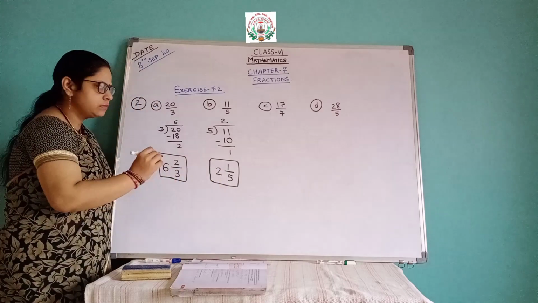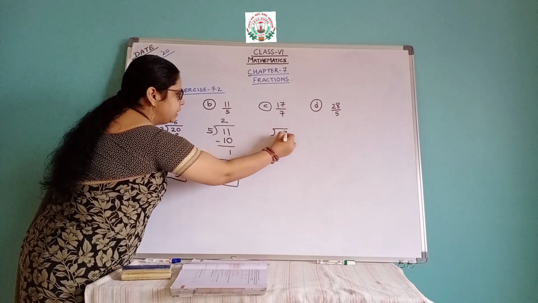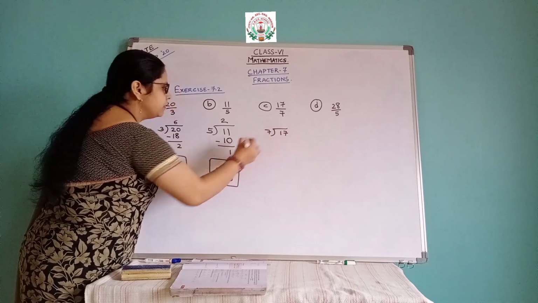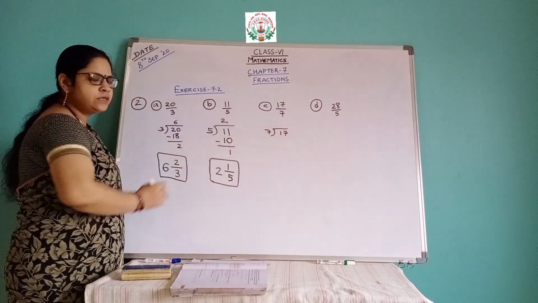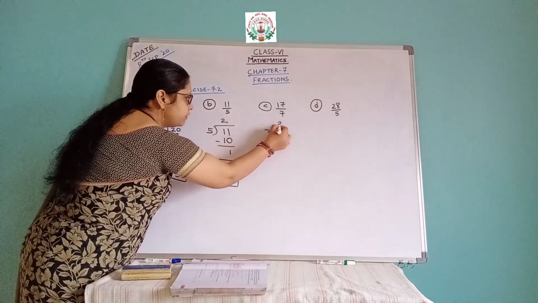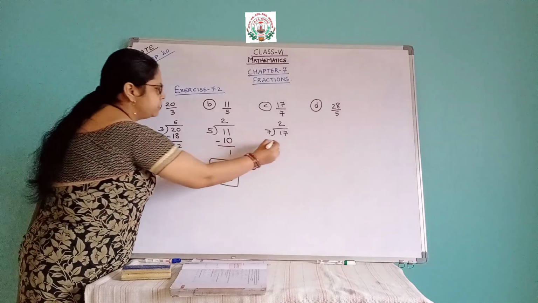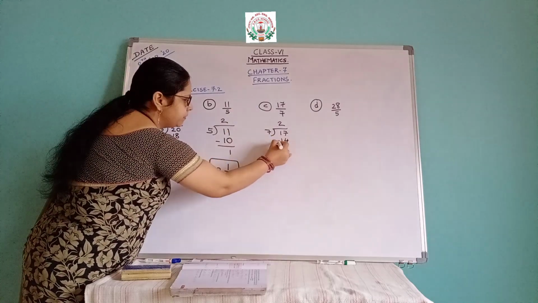The mixed fraction. Now next is 17 divided by 7. One digit is not possible, so we take both digits. 7 2s are 14, because 7 3s are 21 will be greater. So 7 2s are 14 only we will keep.